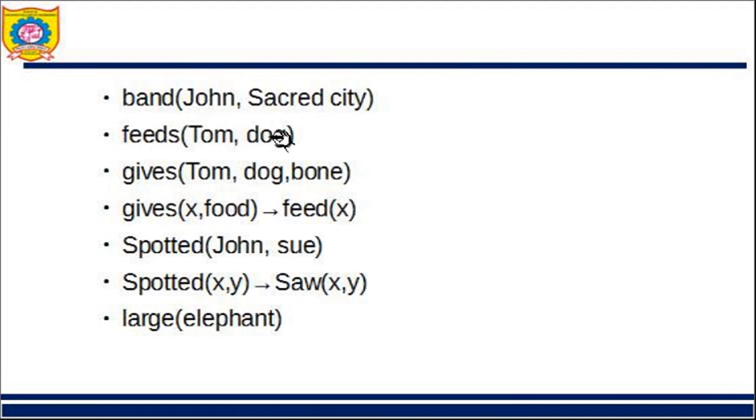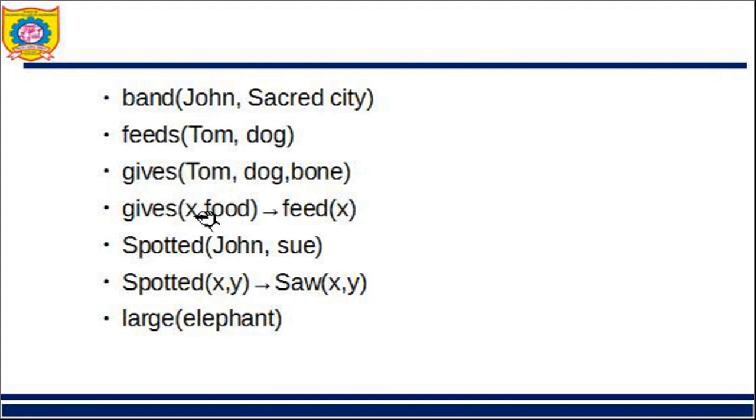Now I increase my granularity to the next level. The same statement I write in a little more detail as: Tom gives dog bone as food. So Tom gives dog bone, which we can represent as gives(x, food), feeds(x).